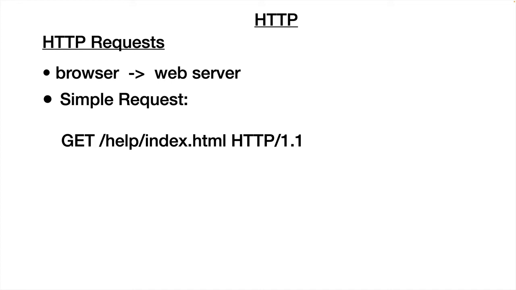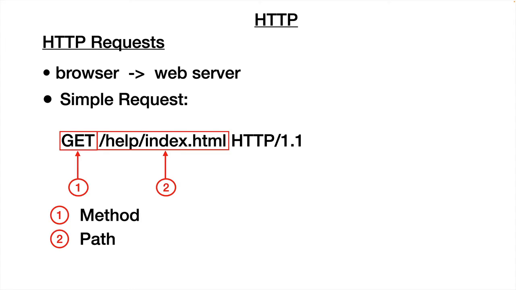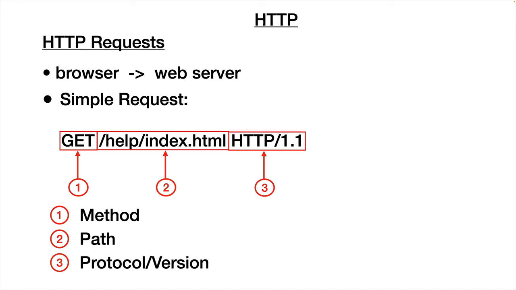It will have a path, which is where we're to locate the file or CGI program on the web server. And then finally, the third thing we have is the protocol/the version of the protocol. So that's been HTTP/1.1 forever, it seems. So that's the current version.